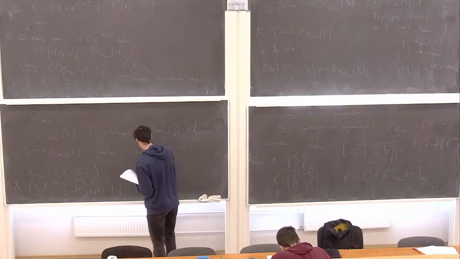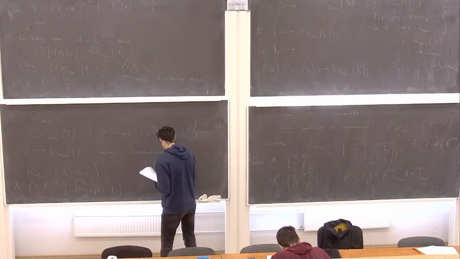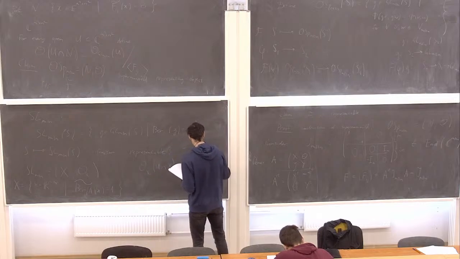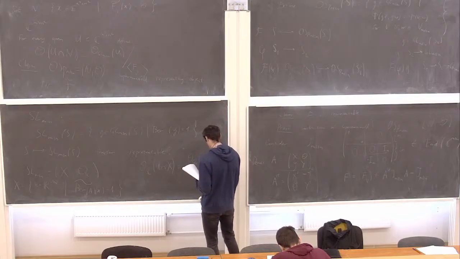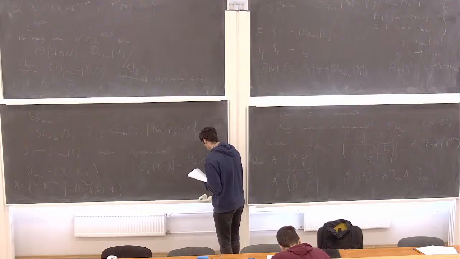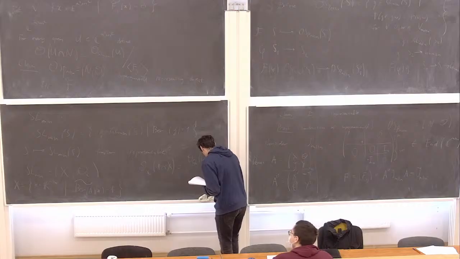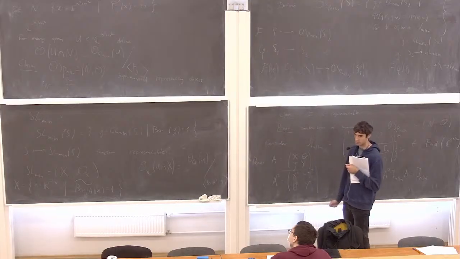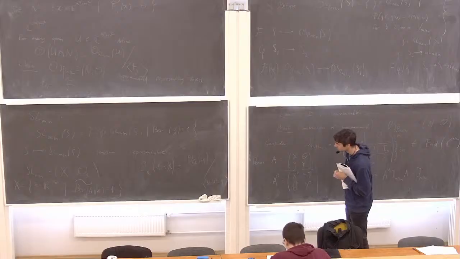So I have OSL at U intersect X is OGL of U quotient by everything which is generated by Berezinian of A minus 1.